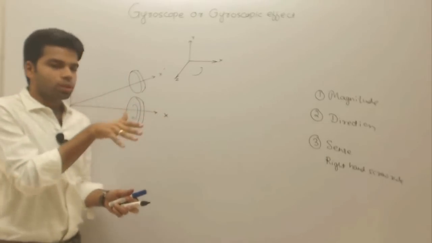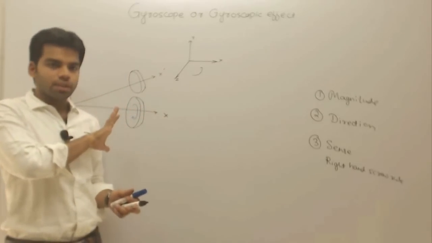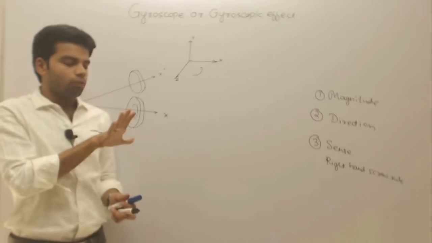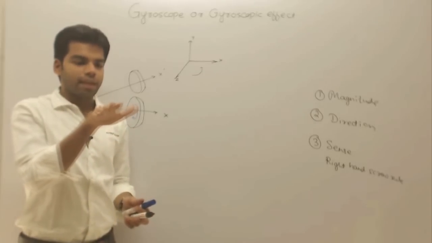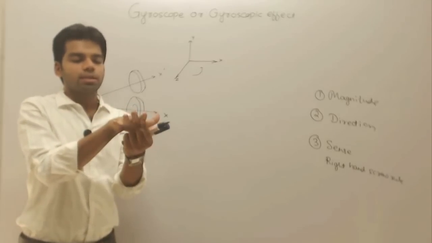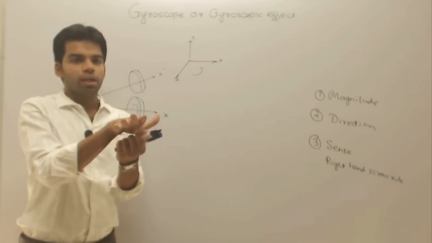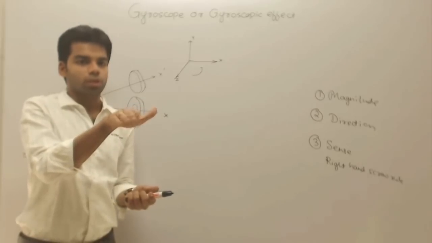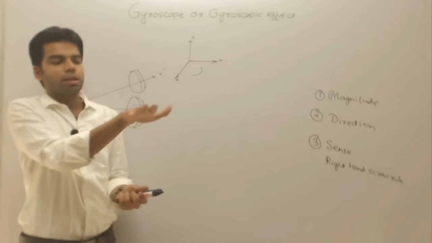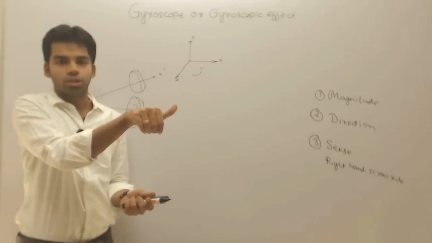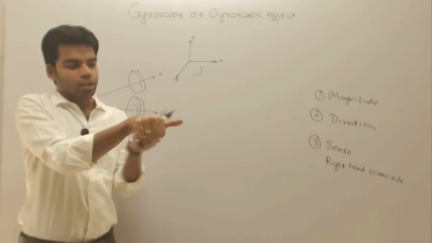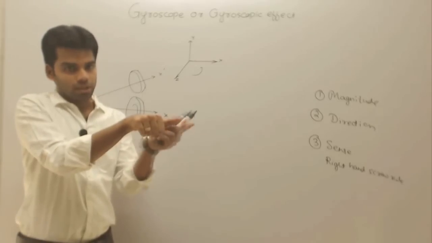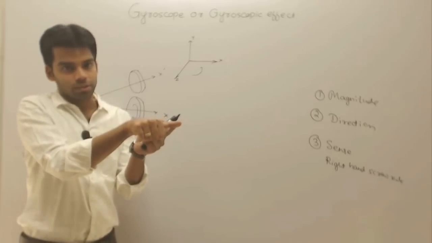This rotor is rotating in clockwise direction when seen from the origin. Now I have to take this right hand and curl my finger in the direction of rotation of the rotor. That means I am curling these fingers in a clockwise direction. Then the direction in which this thumb is pointing will give me the sense of that vector.